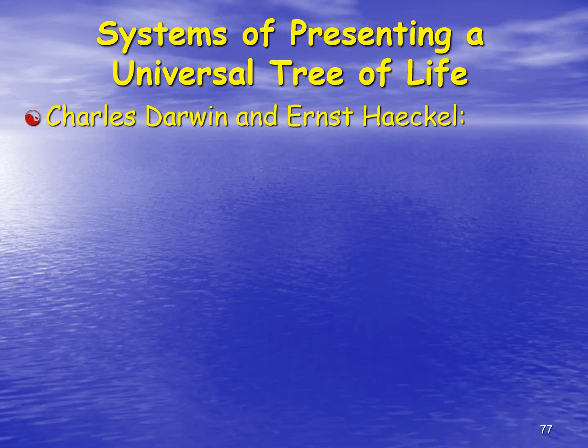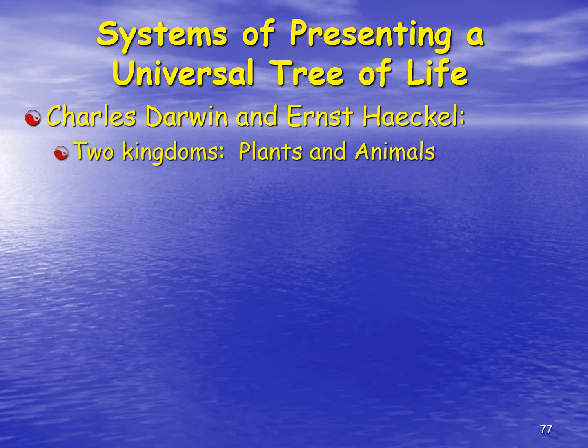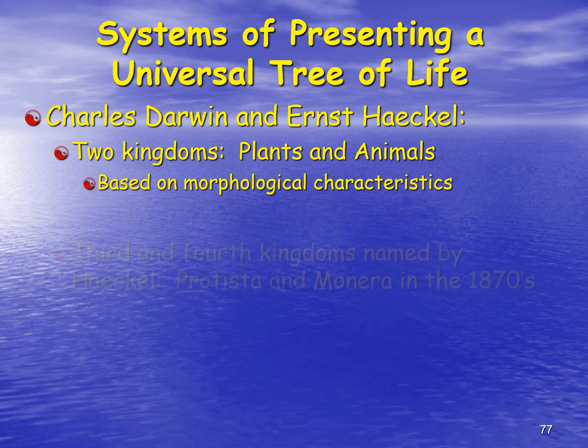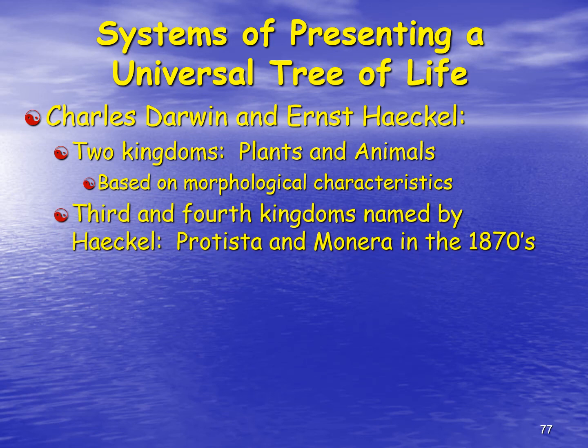Charles Darwin and Ernst Haeckel actually continued Linnaeus's thought process of the two kingdoms of plants and animals, and this was based on the morphologic characteristics of both. The third and fourth kingdoms, named by Haeckel, were actually added in the 1870s, and this included Protista, which would contain anything that wasn't a plant or an animal, and Monera, which were all of the microbes.